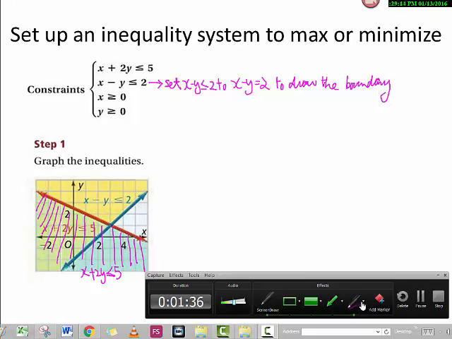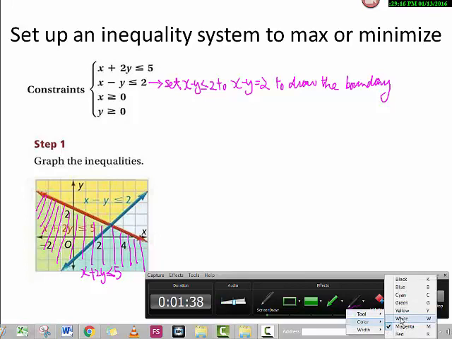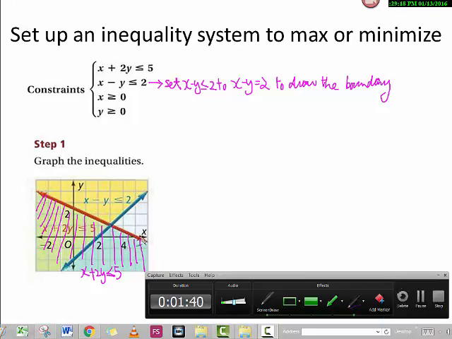I'm going to change the color to blue to highlight it for you. This line represents x minus y equal to 2. Now we use the test point 0, 0 to test if 0 minus 0 is less than 2. The answer is yes, so we're going to shade this part.